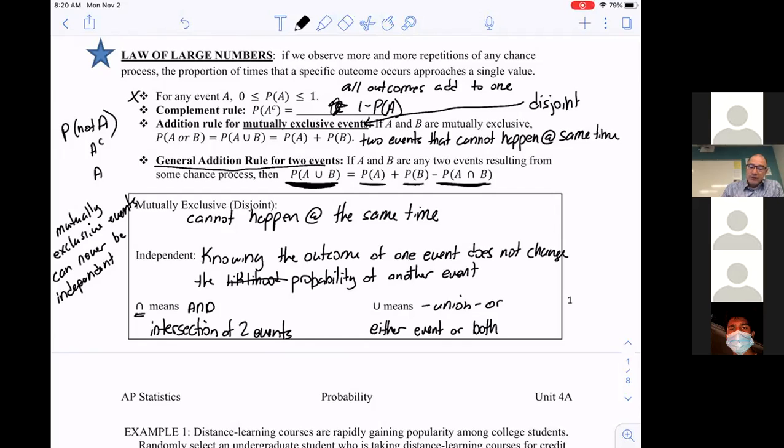Let's say we have jacks. So there's my circle of jacks. We have the jack of hearts, the jack of clubs, the jack of spades, and that leaves me with the jack of diamonds.